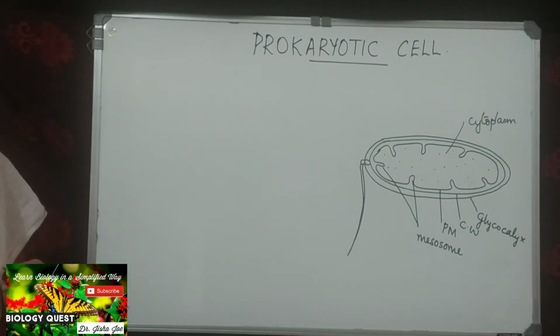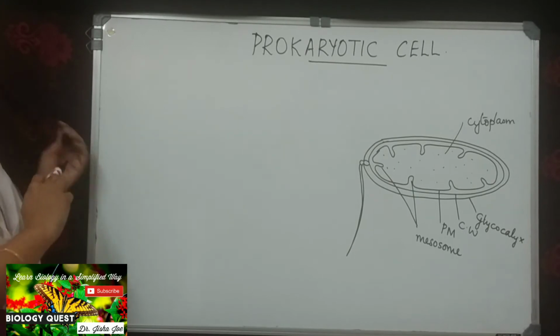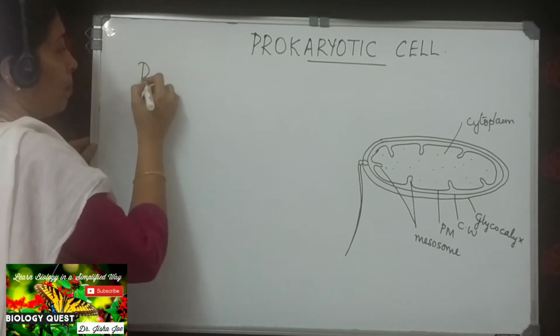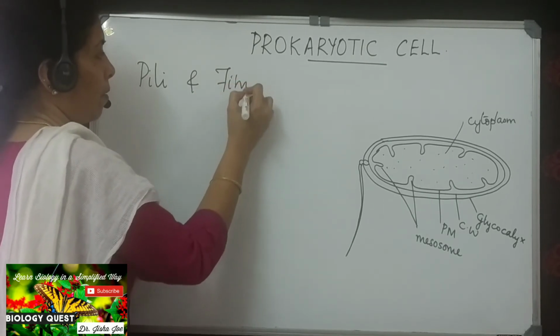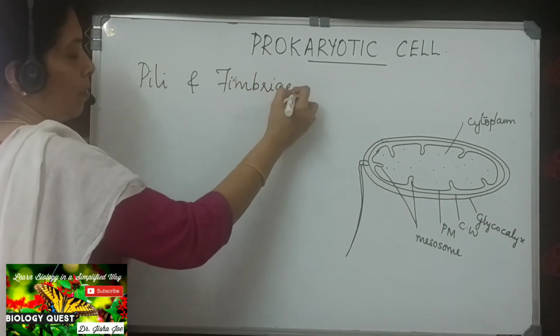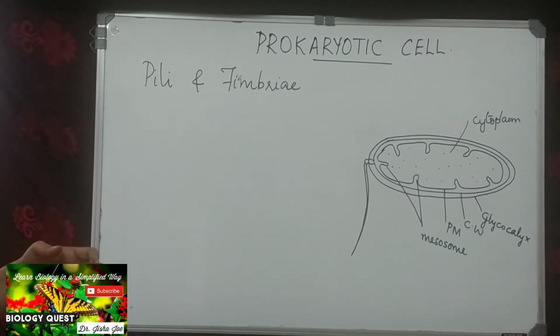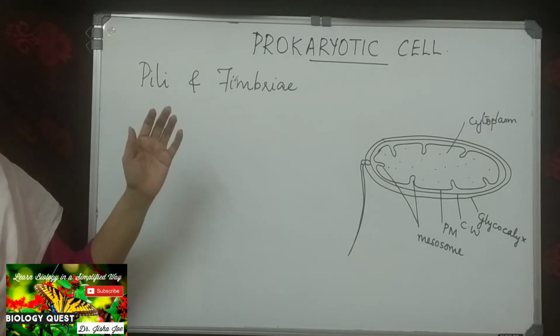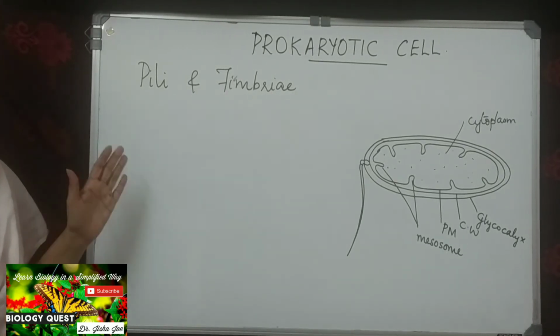Now other extensions from the surfaces of the bacterial cell are pili and fimbriae. These are also surface structures that extend from the bacterial cell, but remember, these are not involved in motility.